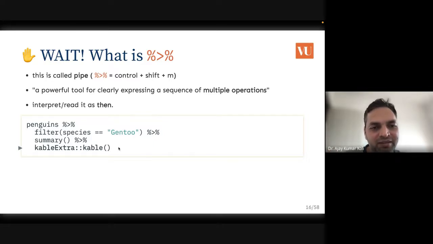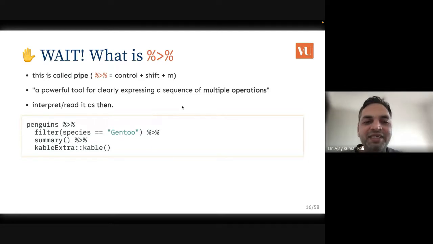First you have the whole data. Then from that data, I want to filter it based upon Gentoo. Then whatever I have filtered, now make a summary of this. And now just do not show me the summary. Convert that summary into a nice table also, using the function kable. So we are connecting the first operation, second operation, third operation, fourth operation with each other through the pipe.